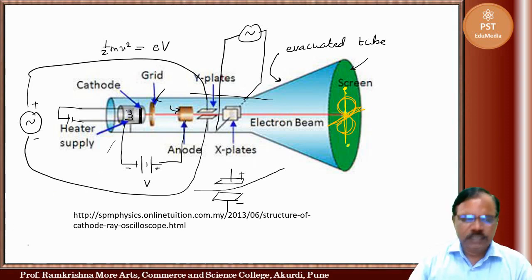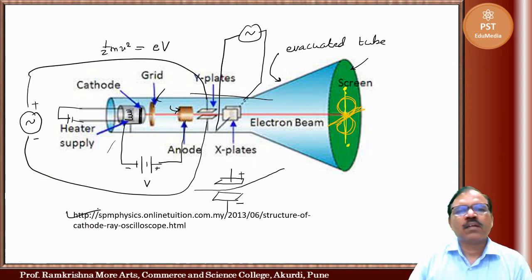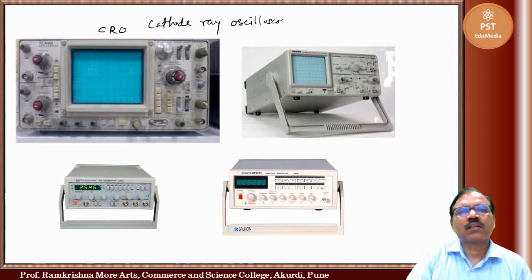Now this figure I have taken from this source. See here, these are some CROs. CRO means cathode ray oscilloscope. There are two channels.